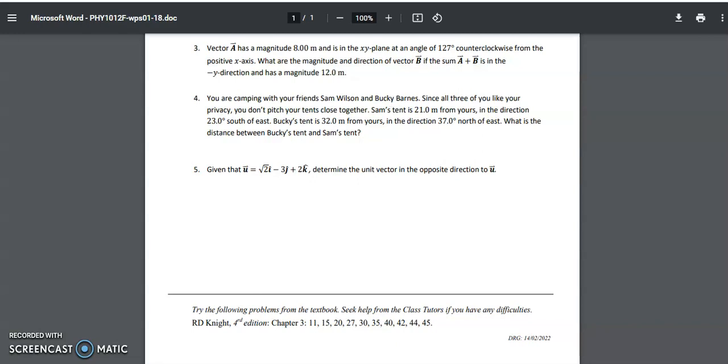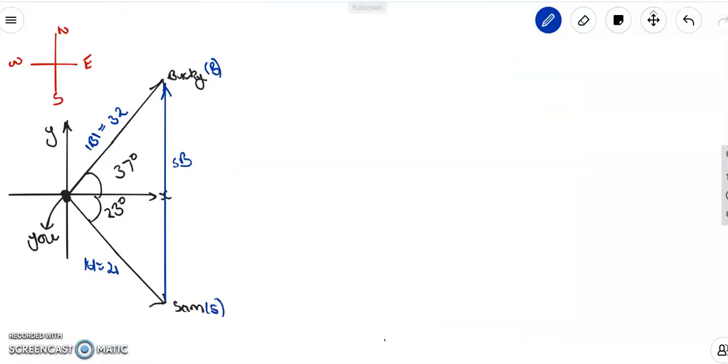Okay, so we're told that Sam's tent is 23 degrees south of east. Here I've drawn my north, south, west, and east. That's what we're going to be using.